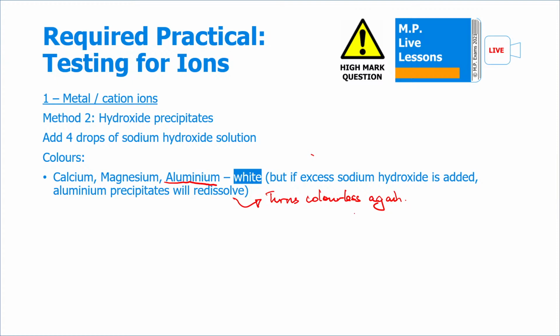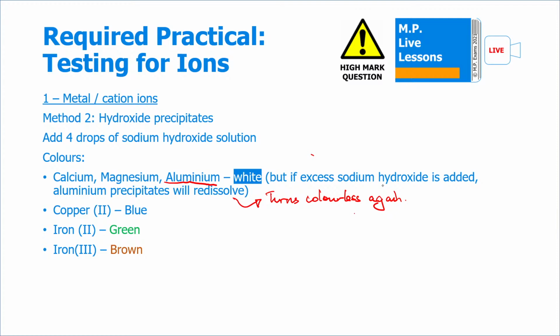Now, some other ones you need to know: a copper 2 ion produces a blue precipitate. That's why compounds like copper sulfate produce blue liquids and crystals. You should know that the iron 2 ion produces a green precipitate, and an iron 3 ion will produce a brown precipitate.